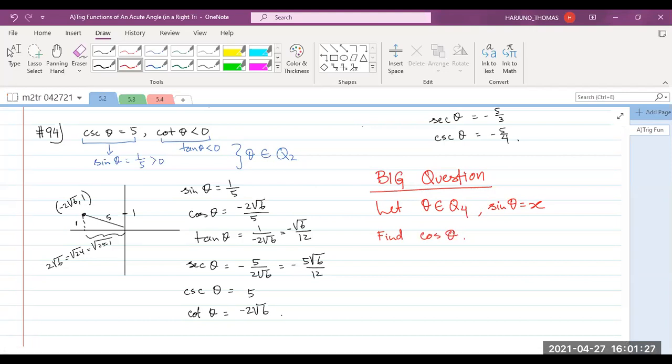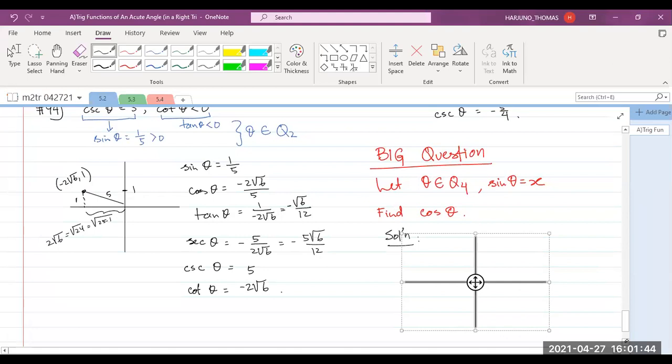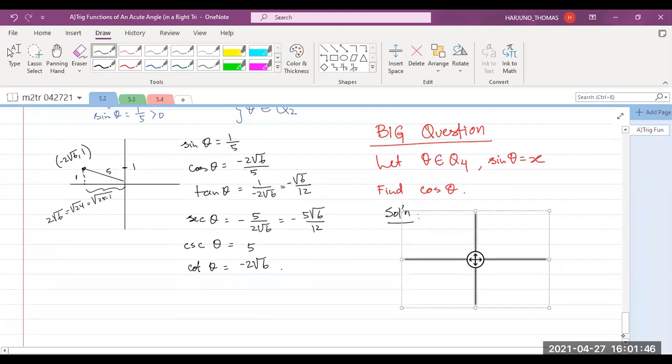Find cosine theta. Solution in terms of x, of course. Now, draw the triangle, draw the position first. Okay. And you can see this sine x as x over 1.